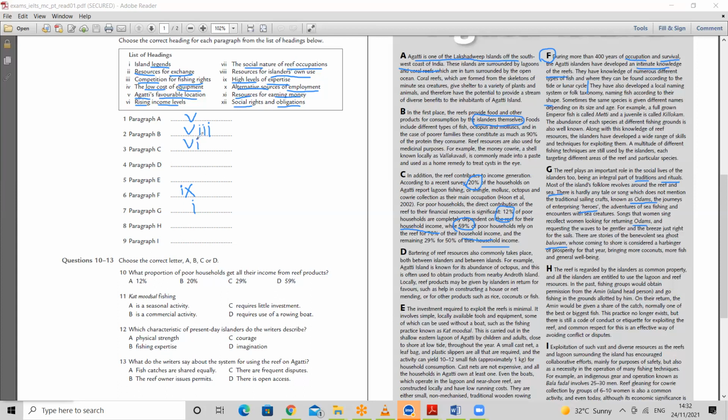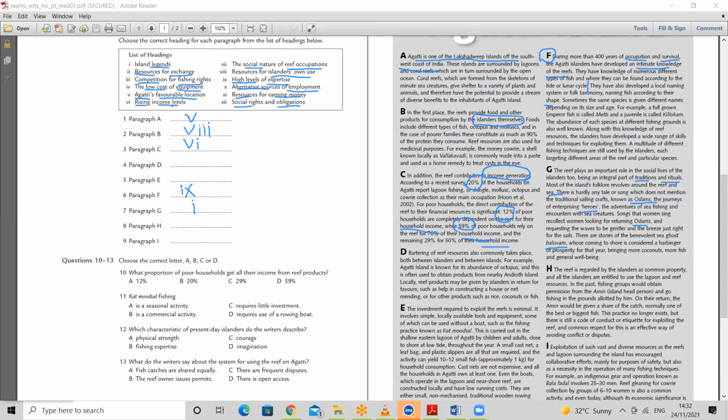Okay, but still you might want to read the first sentence to decide whether you have the same answer or not. The first sentence says, "In addition, the reef contributes to income generation." They talk about generating income, which is rising income levels. That's number 6.